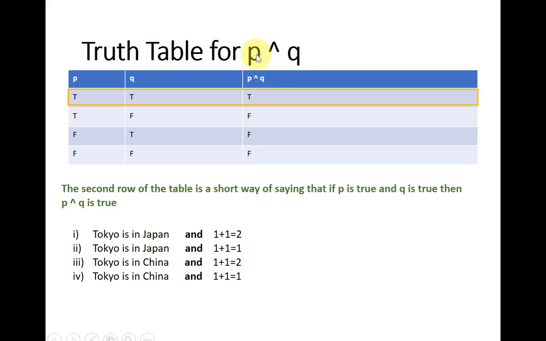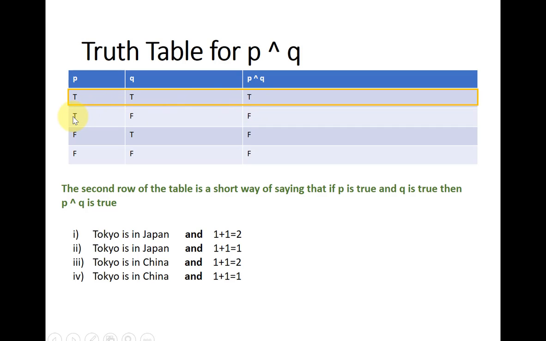This is a compound statement here. But we look at each part to see whether each part is true or not. So, like the first one is true and the second one is true. That would be here. P is the first one, is true. And Q, the second one, is also true. In that case, then the compound statement is true.